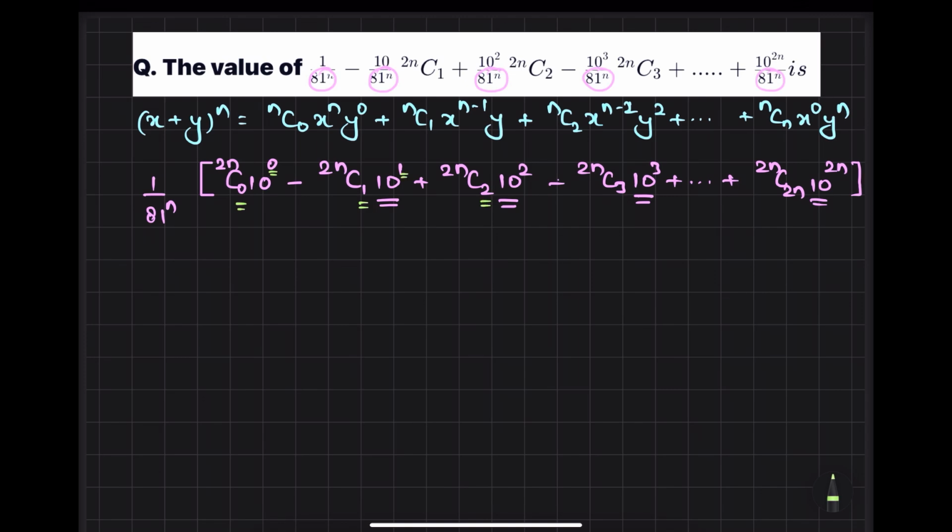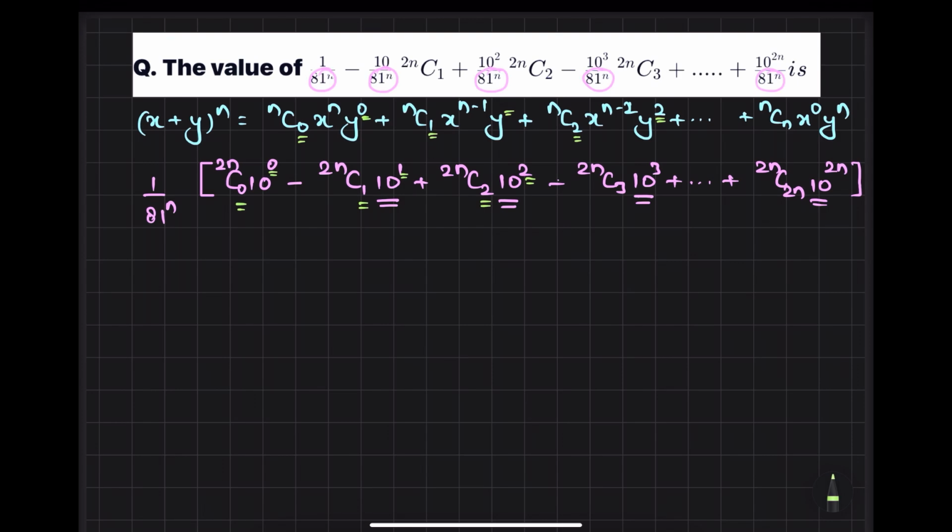Lower subscript of C is 2, upper subscript of 10 is 2. And you know that it is only possible if 10 is the second element. Correct, no? Means y. Lower subscript of C carries the same power as y. So can I say that y is nothing but 10? Correct or wrong?